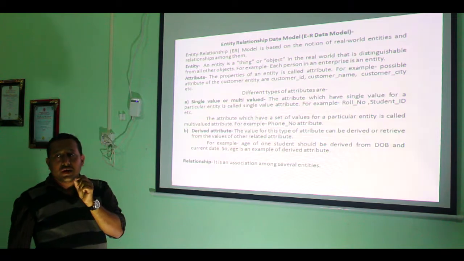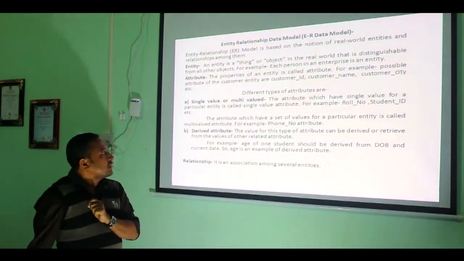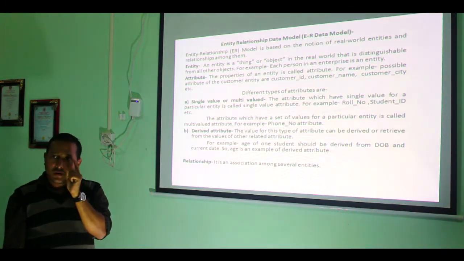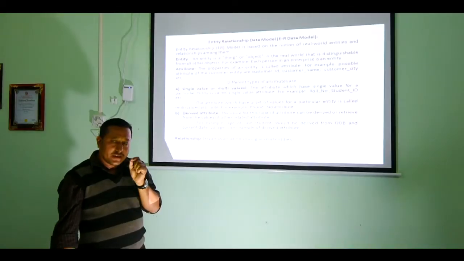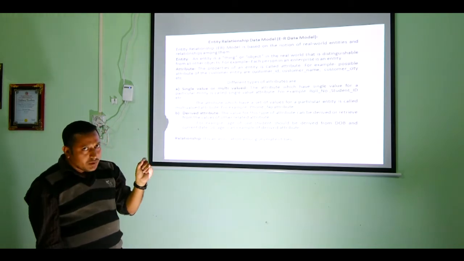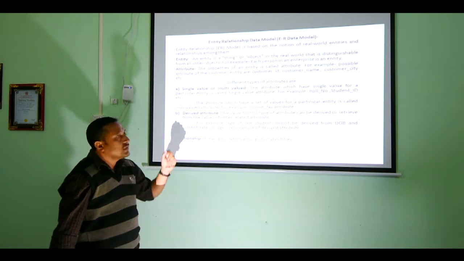The attribute which has a single or unique value for a particular entity is called a single value attribute. For example, each and every student must have only one unique roll number. Each and every employee must have one employee number. So roll number, employee number or account number are called single value attributes.